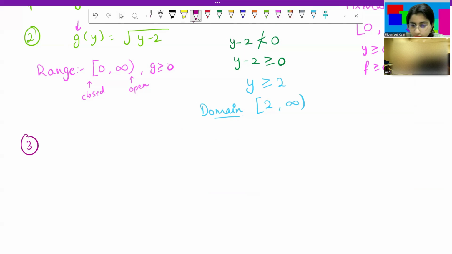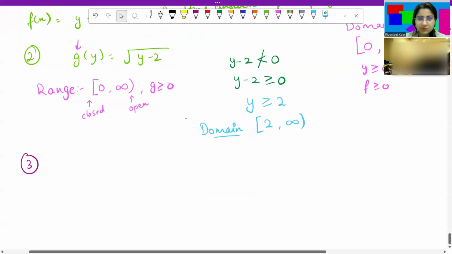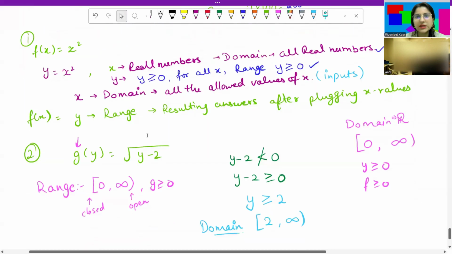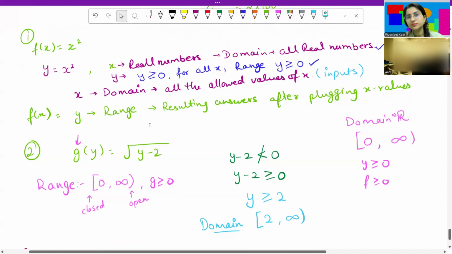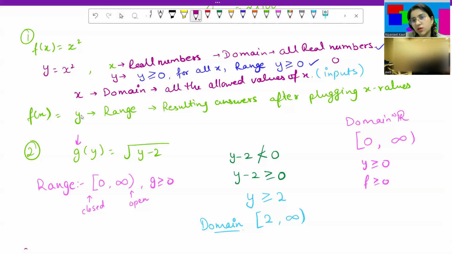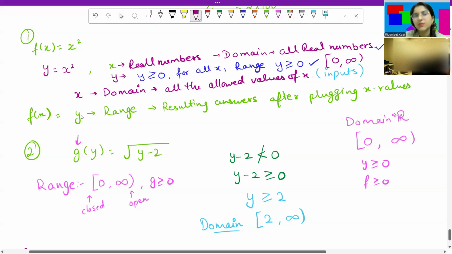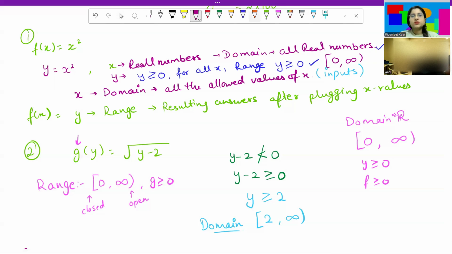Wait, do they use domain R when both range and domain are the same? Like in the first question, the domain was 0 to infinity, 0 and all the values greater than 0, which is infinity. That is our range.